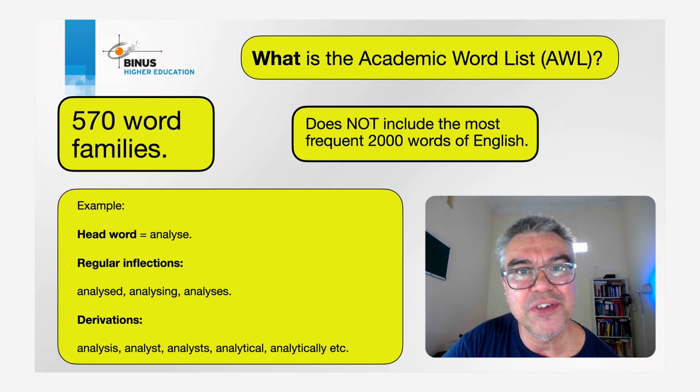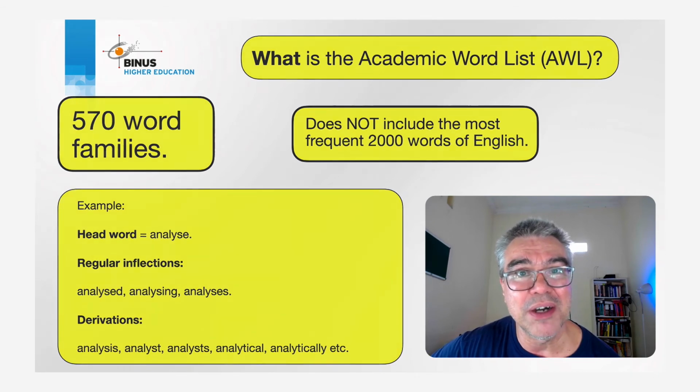And from the 570 word families, the total number of words can explode to thousands. What I'm doing with this course is I am concentrating on the head word only. Basically, I had to take the list and cut it down into a manageable size. So it seemed that the easiest thing would be to focus on the head words only and not the derivations that come from that head word.